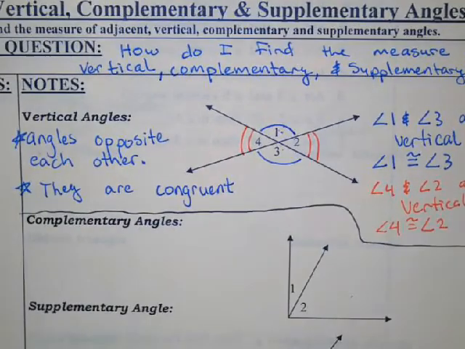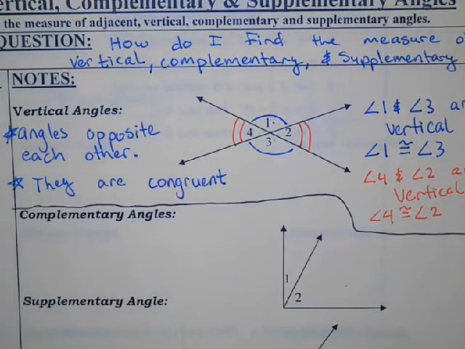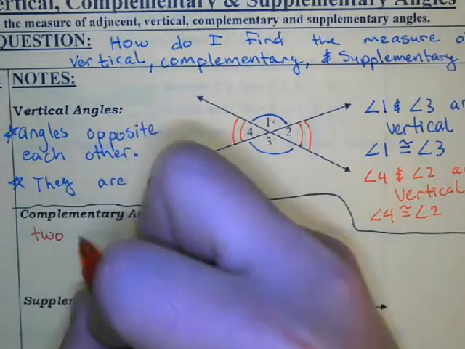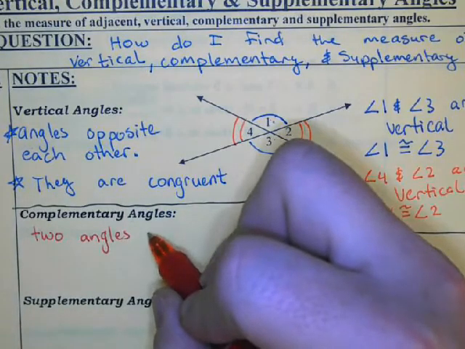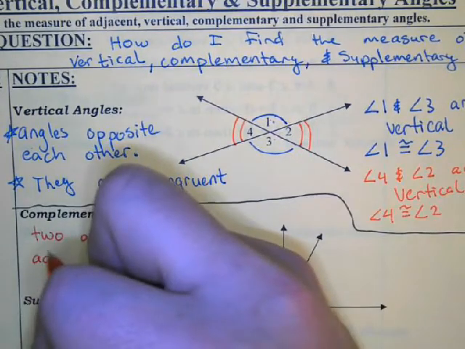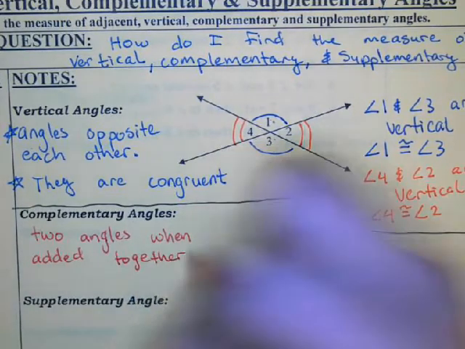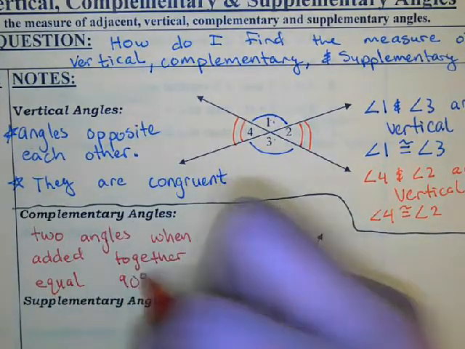Next we're going to define complementary angles. And complementary angles are two angles when added together equal 90 degrees.